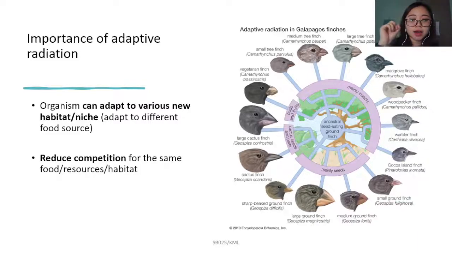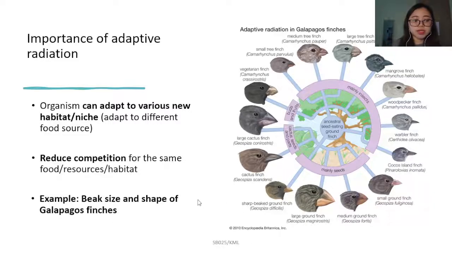When they are adapting to their environment and they are using different resources, going to different areas, they are reducing competition for each other. While they are in the same habitat, they won't be competing for the same food or for the same resources, sometimes not even the same places. Okay, so that is the importance of adaptive radiation.